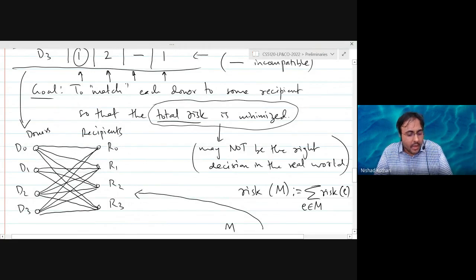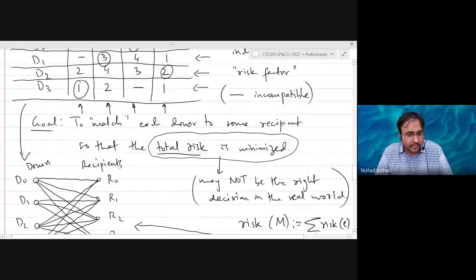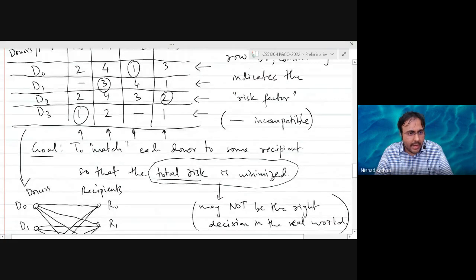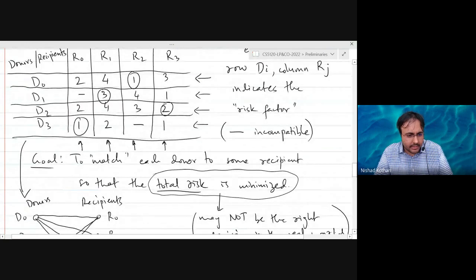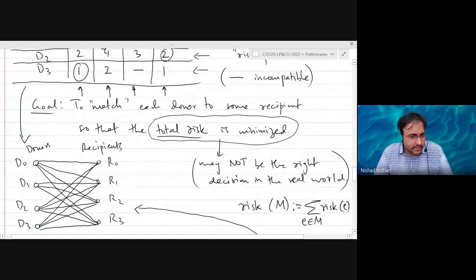And whenever a donor can donate to a certain recipient, we put an edge. And we also put a cost on the edge. I think I did not write down the costs here, but it doesn't matter. So all the edges are going from the donors to the recipients. And that is what a bipartite graph is. So we can partition the vertex set into two parts, the left part and the right part, so that all edges go from left to right.